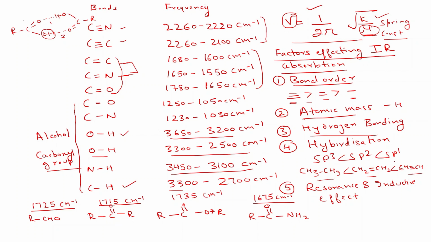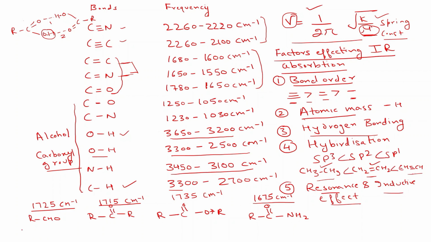Here we can see that sp hybridization will have a triple bond, whereas sp2 will have CH2 CH2, where the carbon atom is sp2 hybridized, and here CH3 CH3 is sp3 hybridized. As already seen, this bond is stronger, so obviously it will have the higher absorption frequency compared to the CH2 CH2 bond, and then the CH3 CH3 bond will have the least IR frequency absorption among the three.